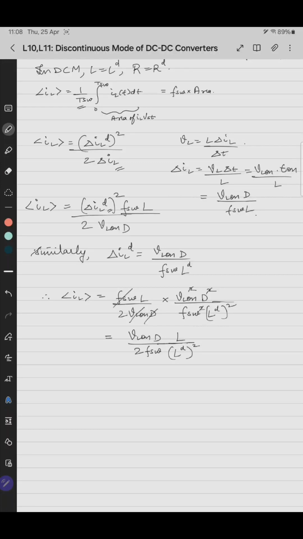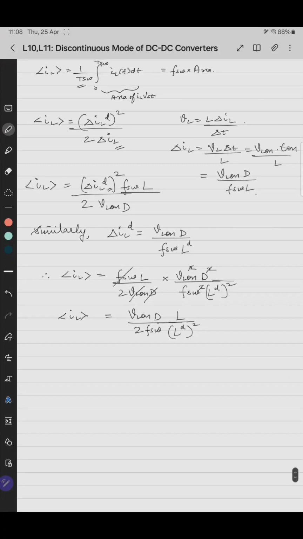This is the term which we get, the average value of IL. Let's recheck it: F switching, VL on and D get cancelled, and we get VL on D by 2 F switching into L by LD square. Because L and LD are different, it won't get cancelled. So this is the average value of IL.